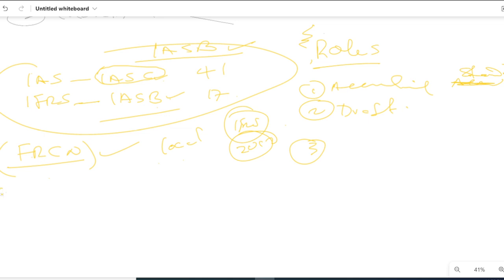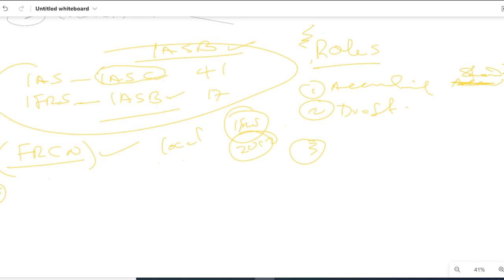So what are the roles of this FRCN? 1. Develop and publish accounting standards. Review, promote and enforce compliance with the accounting and financial reporting standards adopted by the council. Receive notice of non-compliance with approved standards.